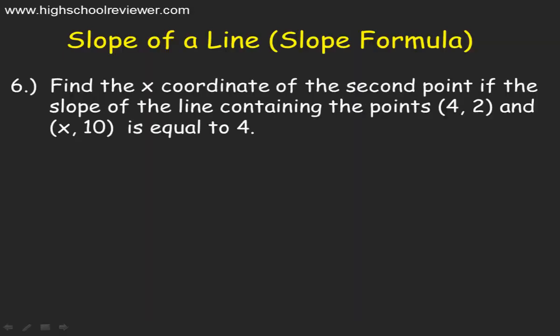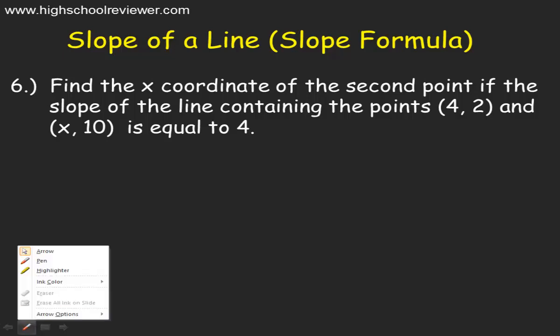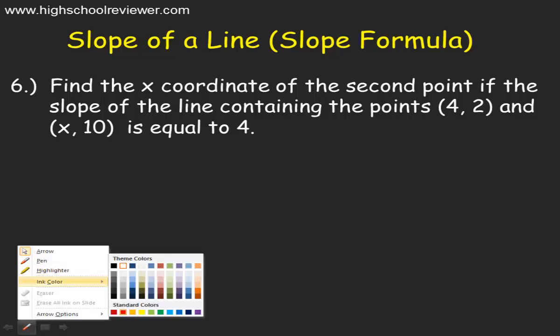Problem number 6. Find the x-coordinate of the second point if the slope of the line containing the points 4 and 2 and x and 10 is equal to 4. Okay, so we have here 2 points and a slope.